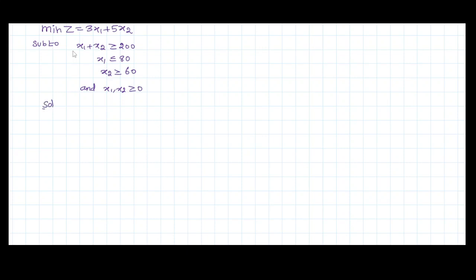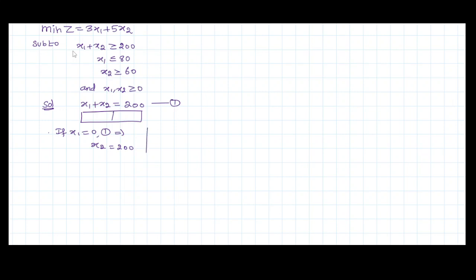Let us consider the first equation, x1 plus x2 equal to 200. Let us find the points on this line. If x1 equals 0, then x2 becomes 200.